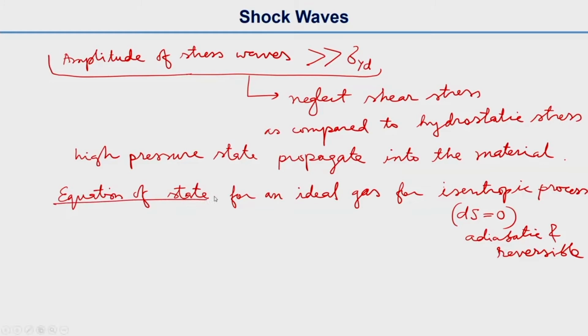So we will now see the treatment for an ideal gas, that is equation of state, which is like your Boyle's law, Charles' law, and classical ideal gas laws, like we got PV is equal to nRT. Similarly, these are equations of state.